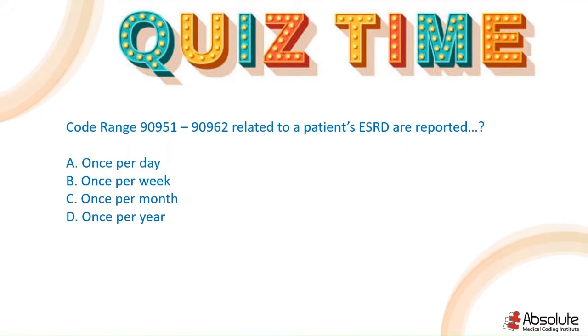Option A, once per day. Option B, once per week. Option C, once per month. Option D, once per year. The code range 90951 to 90962 is related to patients with ESRD and is reported how often? I will give you a few seconds to place your answers in the chat.